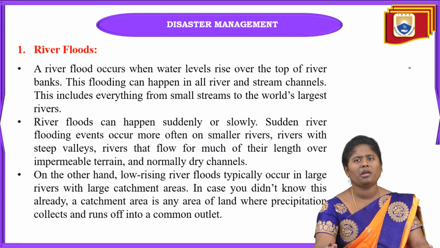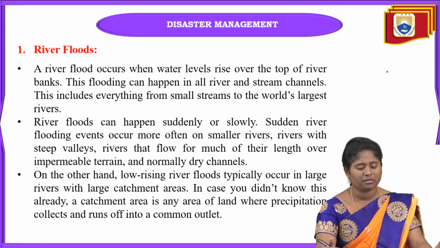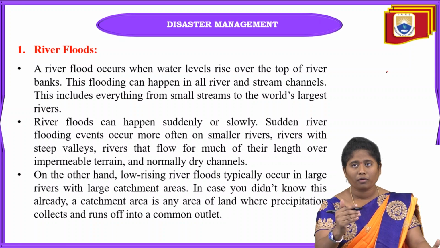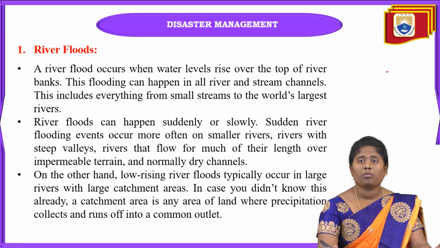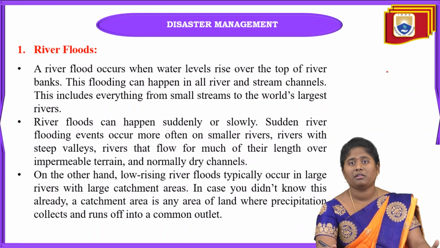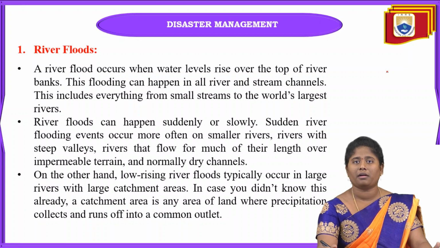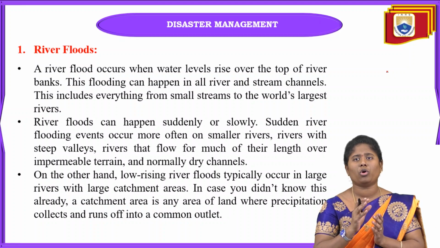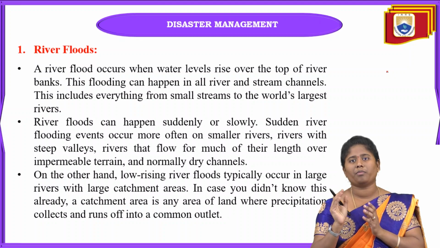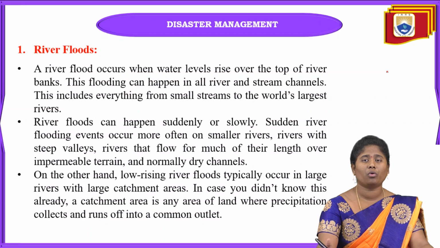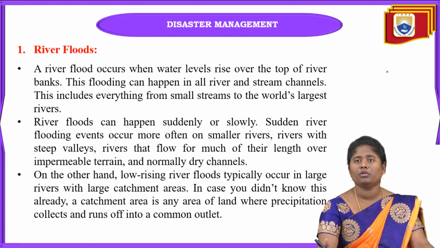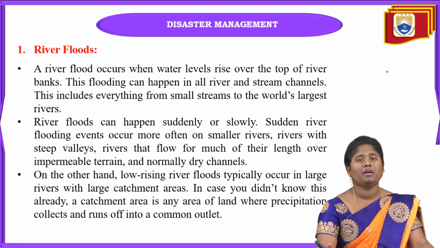At that time, smaller rivers which have steep valleys and flow through impermeable terrains and dry channels, these river floods can occur when the rainfall water flows from those steep valleys through that area.